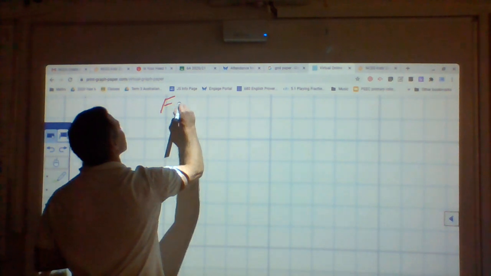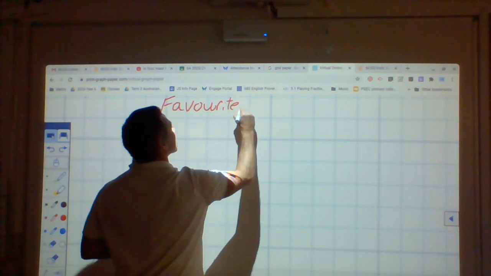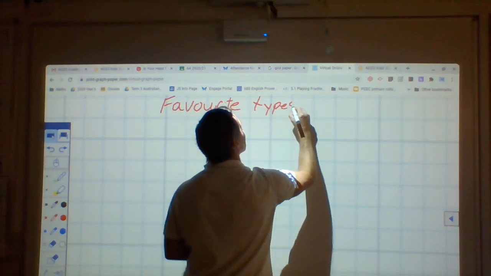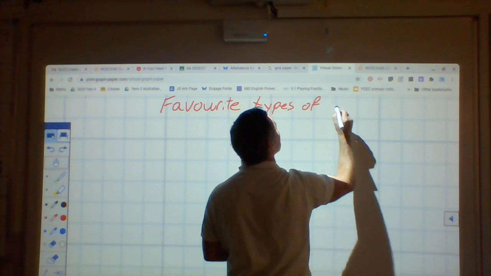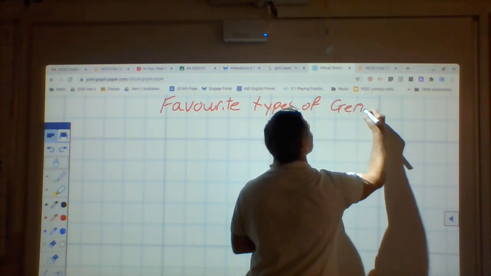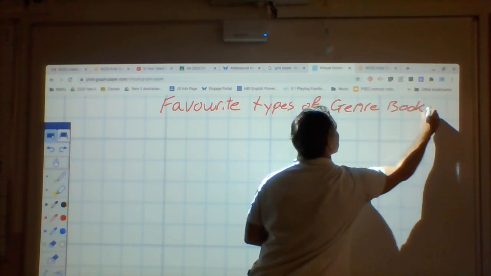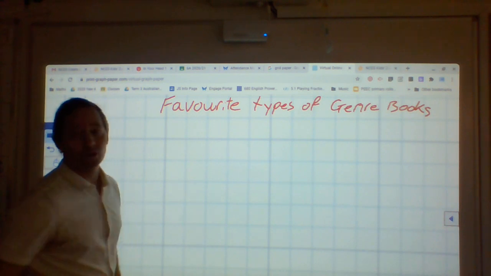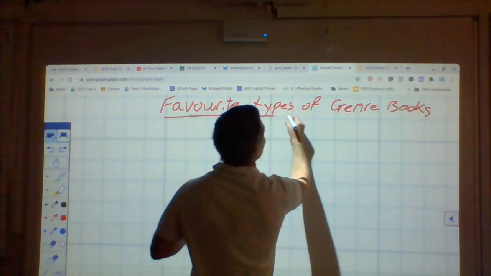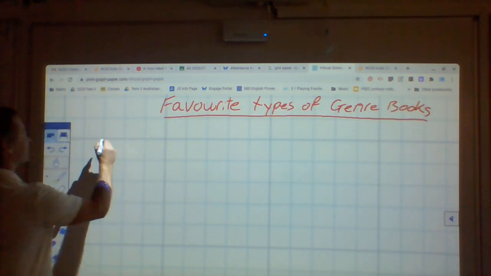Favourite types of books, maybe types of genre books. So they can change their mind. Favourite types of genre books. So that's Mr. Blair's title here. Yours will be much neater than Mr. Blair's. Then I need an X and Y axis.